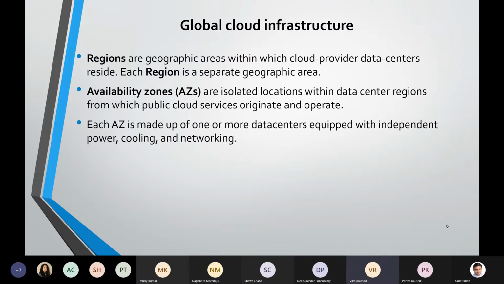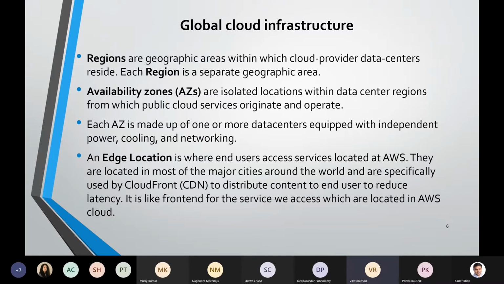And as I said, each AZ is made up of one or more data centers, and it has highly available power and cooling systems, and also a great networking architecture.